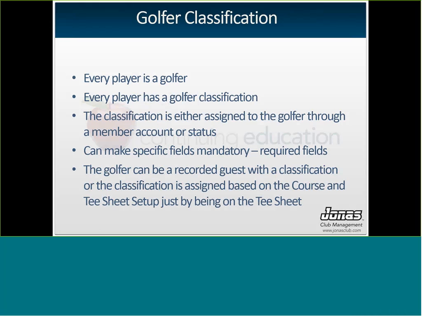It just picks up with their member status. You can make specific fields mandatory in the golfer classification, so you can't leave this kind of information out. And a golfer can be a guest, who always has a classification, and that will always be assigned based on either the course or their tee sheet setup. I'll show you what those are in just one moment.